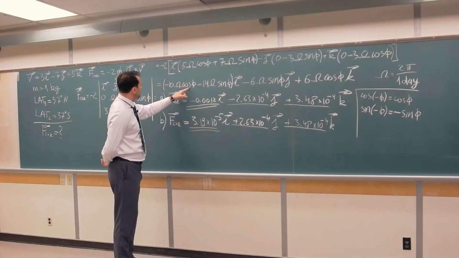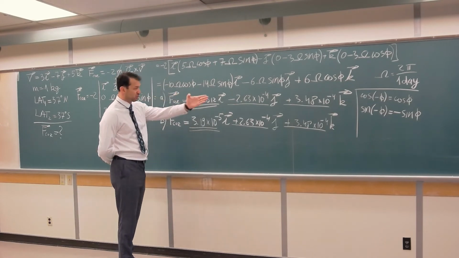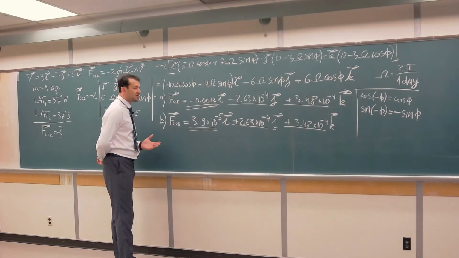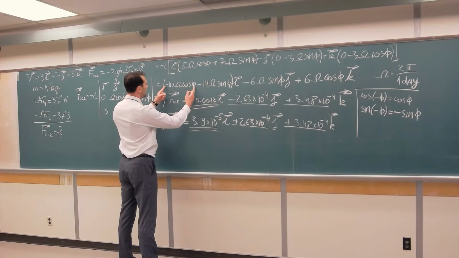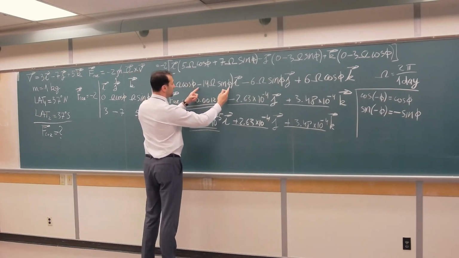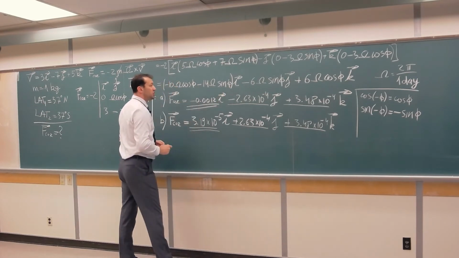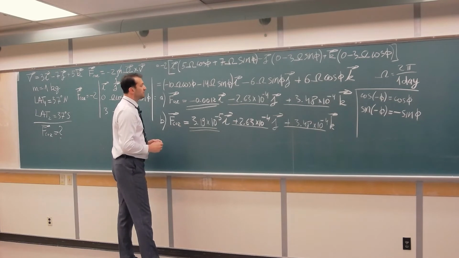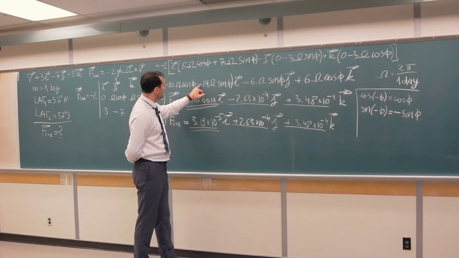When I use Northern Hemisphere, this will be negative. When I use Southern Hemisphere, this will again be negative because cosine doesn't care about the sign of an angle. So this is a negative number in this case, whatever happens. However, this component over here of the expression will change sign among two hemispheres. This will be negative in the case of the Northern Hemisphere, where phi is positive, and when phi is negative, this will reverse the sign and this will be positive.